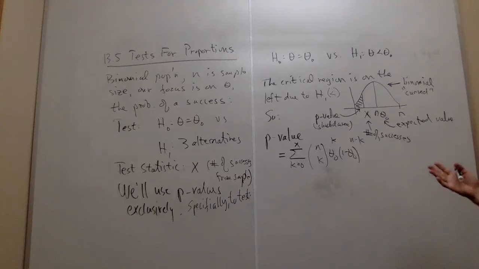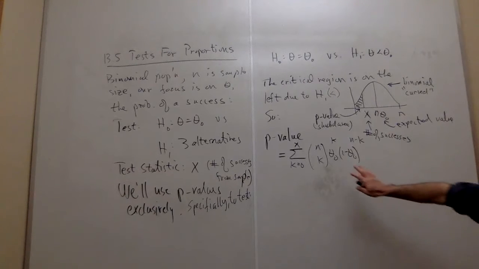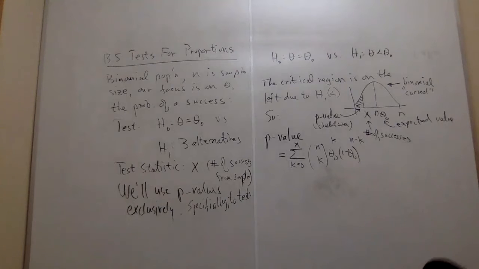All right, so we can find the probability that a binomial random variable with parameter theta 0 and n, our sample size, takes on a value less than or equal to X. There it is. We just calculate that quantity. And we compare it to our favorite value of alpha.